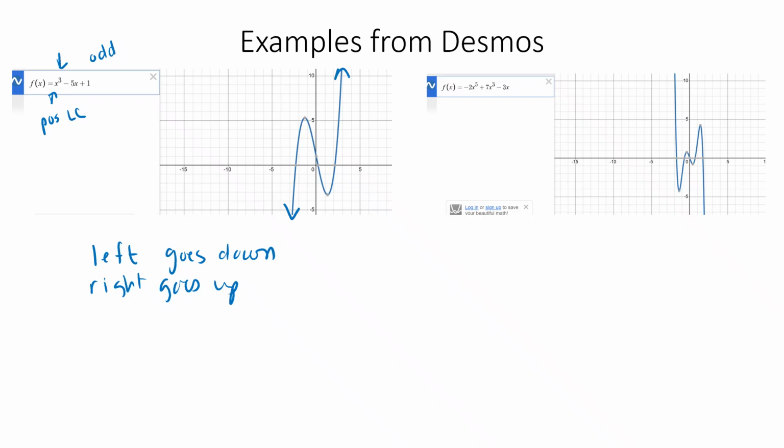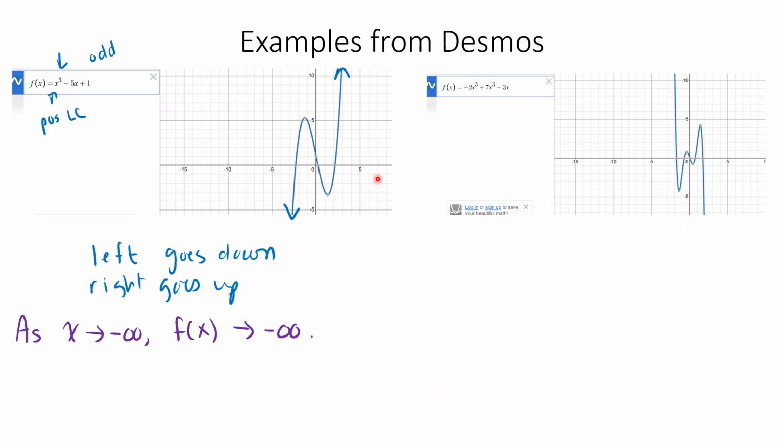Now, the more formal way we would say this is as x approaches negative infinity, f of x, or you might see y, approaches negative infinity. So let's break that down. As x approaches, that's what that arrow means, negative infinity. That is a fancy way of saying left.